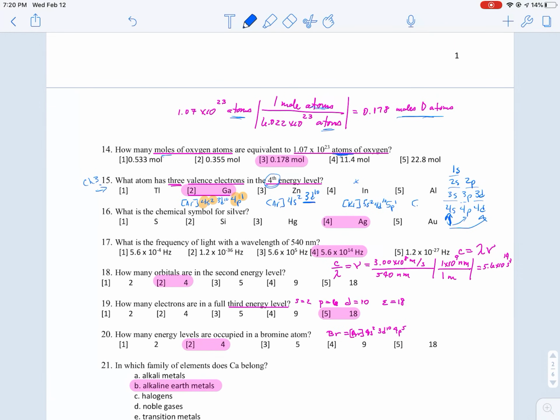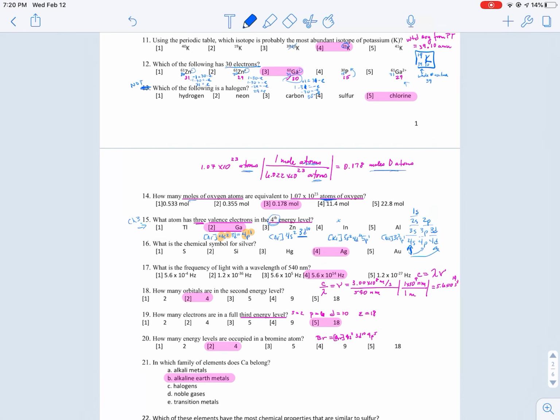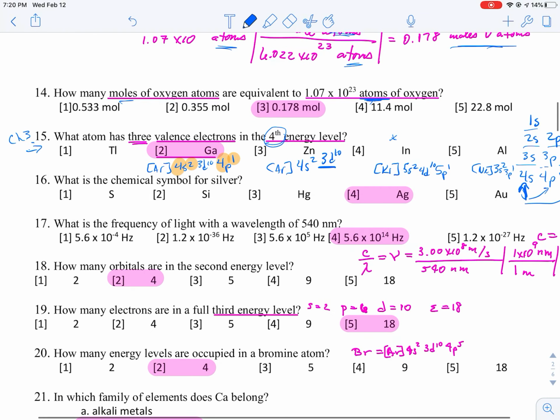Aluminum doesn't have enough electrons. Aluminum's just neon, and then 3s2, and then 3p1. And then thallium is number 81. So his core is xenon, and then it's 6s2.